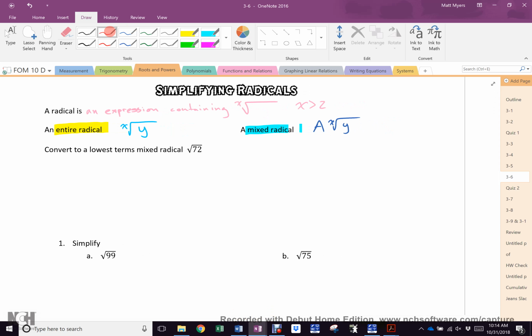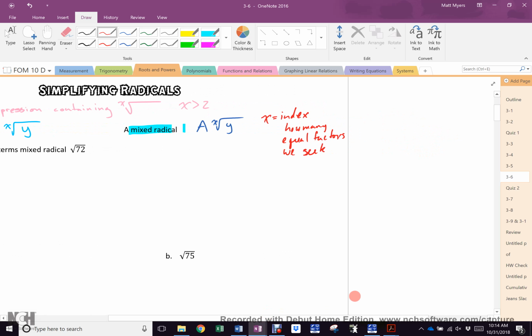Now I'm going to put some words over here. We know that in both of these, x is the index. And that tells us how many equal factors we seek. Right? And just to remind you, square root of 9 is 3 because 3 times 3 equals 9. 2 equal factors.